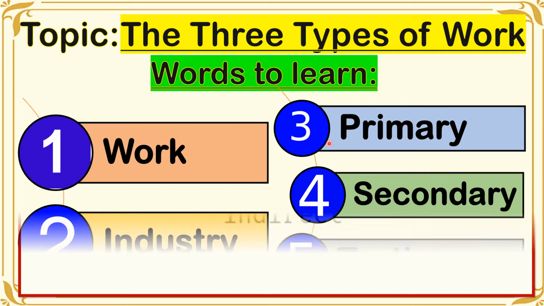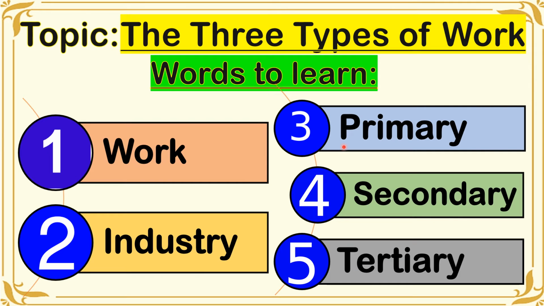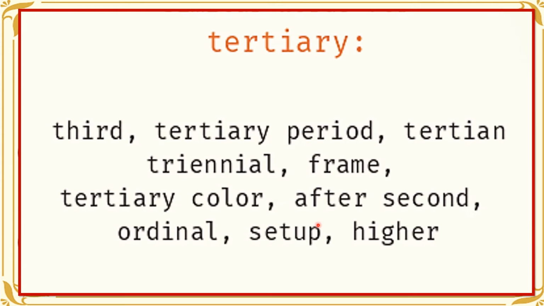Next, secondary means subordinate, minor, subsidiary, inferior, auxiliary, lesser, lower, second, ancillary, and indirect. Secondary means minor, subsidiary, or let's take the meaning of the word second. Step 2. The last word, tertiary.